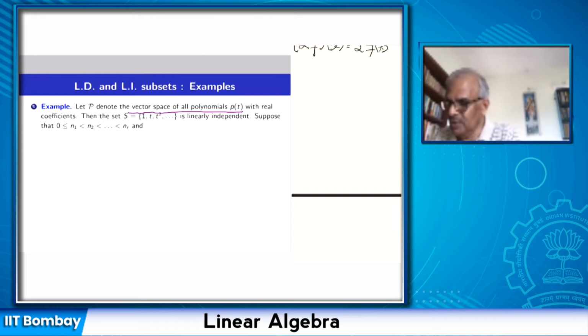Every real polynomial is a real linear combination of 1, t, t square, etc. These are monomials. So every polynomial is a unique linear combination of these monomials. In this space, if I take the monomials t to the n1, t to the n2, ..., t to the nr, where the powers are distinct, then they are linearly independent.